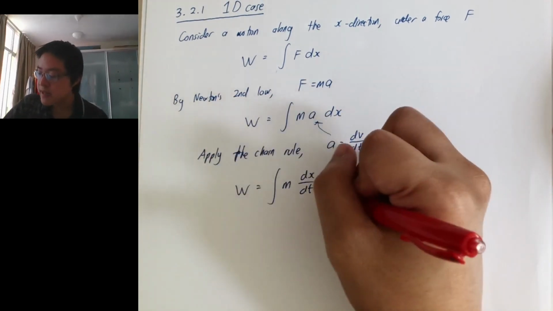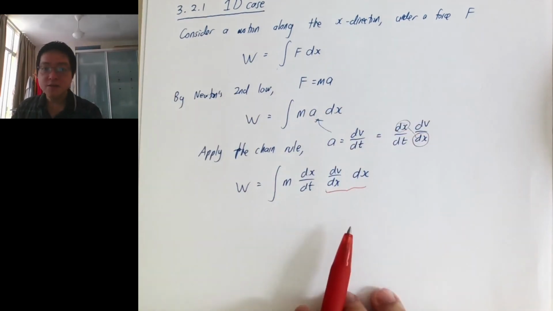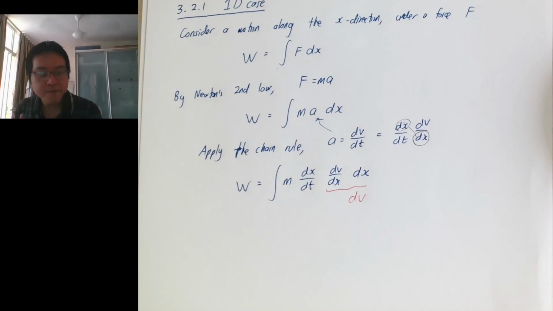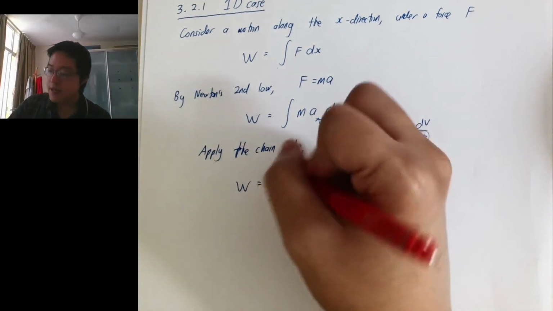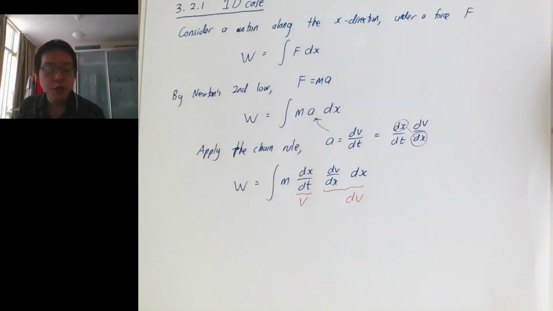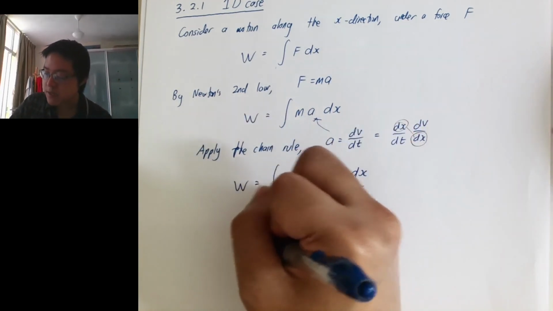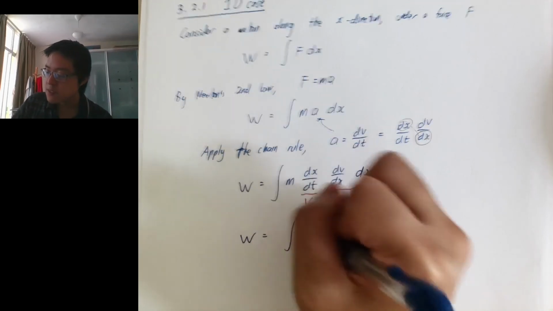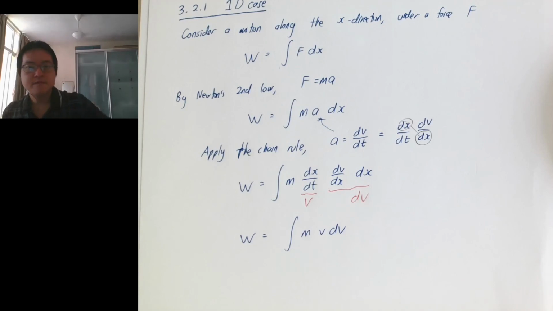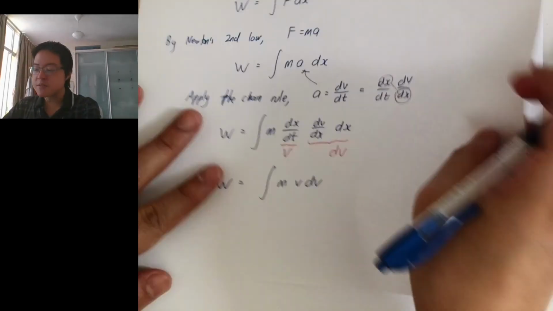In calculus, this is just changing variables to dv, and dx/dt is just velocity. So I have managed to change my integration variable to just mv dv. I changed my variables of integration already.